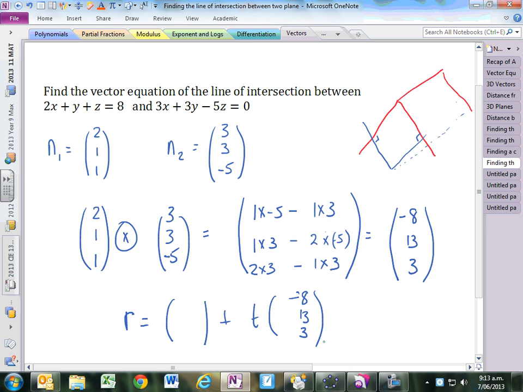The point of intersection between the planes. That's the equation for the actual red line. It's an equation for either that line or that line, it doesn't matter, because remember you said they're going in the same direction, aren't they?